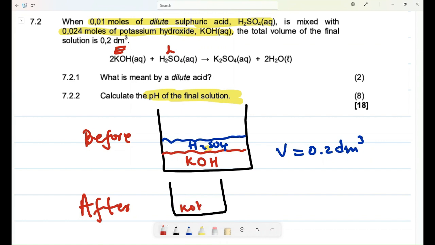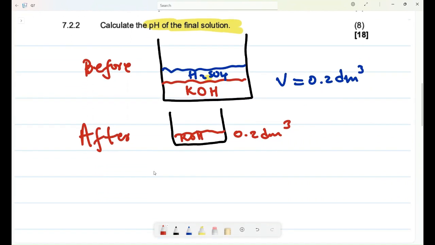Why? Because H2SO4 is the limiting reagent, it will be used up. And now it will be in a volume of 0.2 decimeter cube. There will be only hydroxide ions here. So when we want our pH, we will be using our hydronium ions to find the pH.